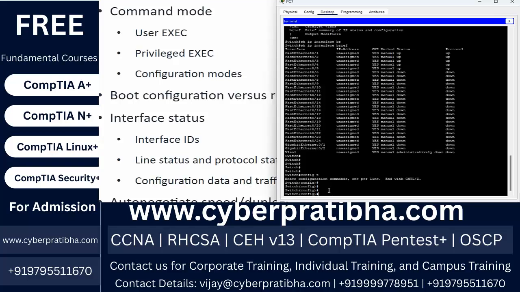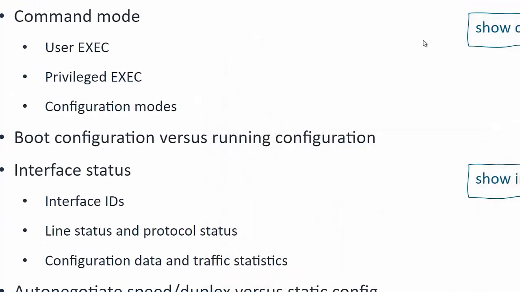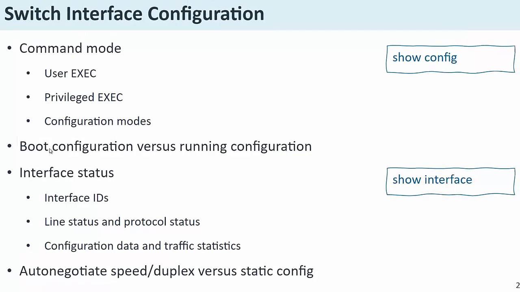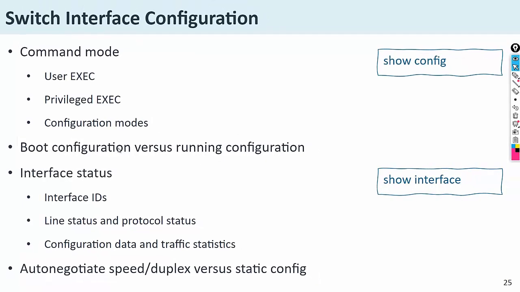So there are different modes in a switch, and you can practice them. There are also configurations called the boot configuration, and the running configuration. So there are two types of configuration. One is the running configuration.